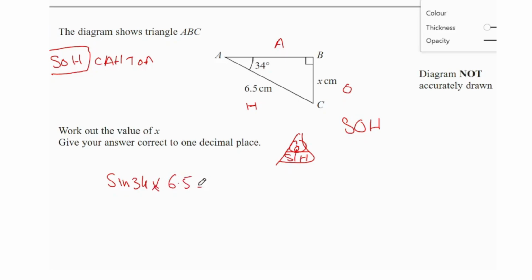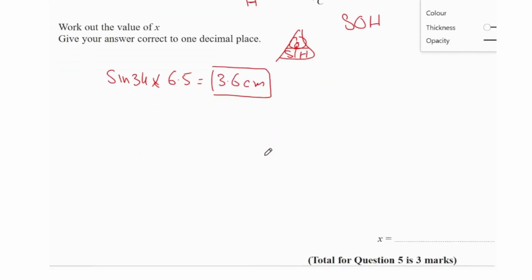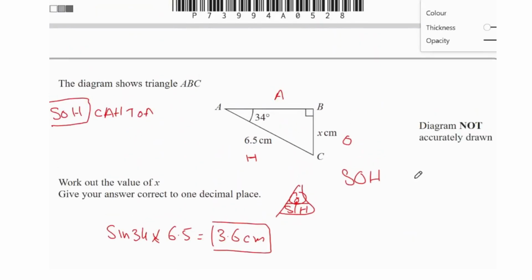If you multiply these two values, you will simply get 3.6 centimeters. So our x value is 3.6 centimeters. This is a 3-mark question. Again, I think it's really simple. If you just know the basic formula, you can easily achieve 3 marks.